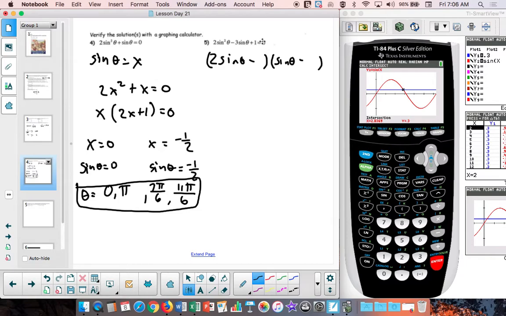The only way to get to positive 1 would be minus 1 minus 1. So that means that sine theta equals 1/2. Sine theta equals 1. So theta is pi over 6, 5 pi over 6, and then the only place that sine of theta is 1 is at pi over 2.